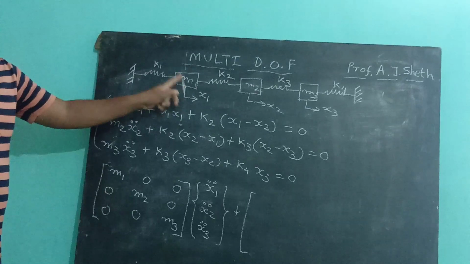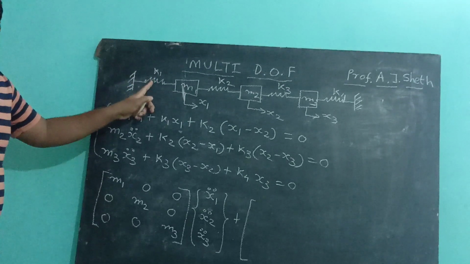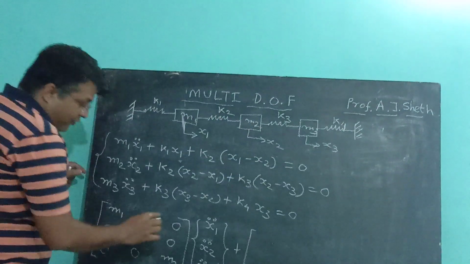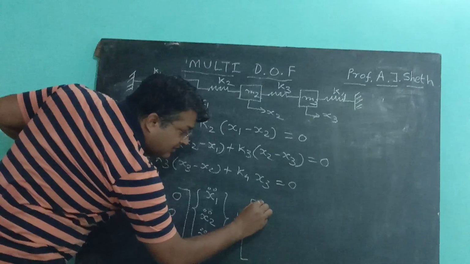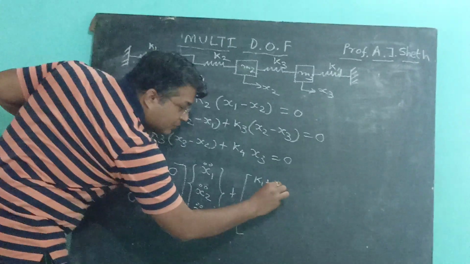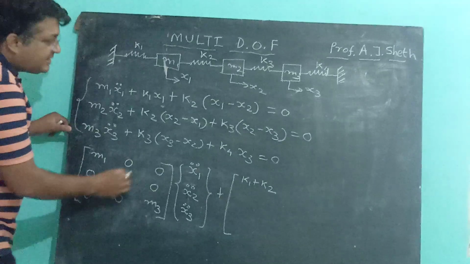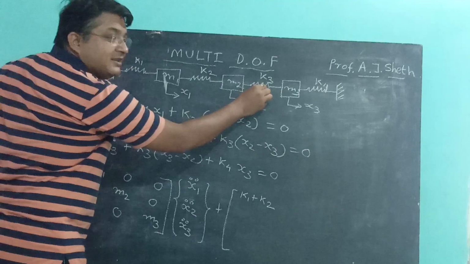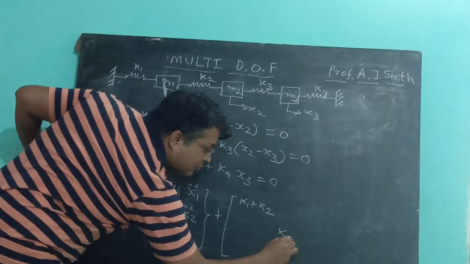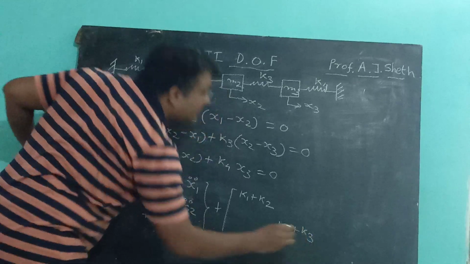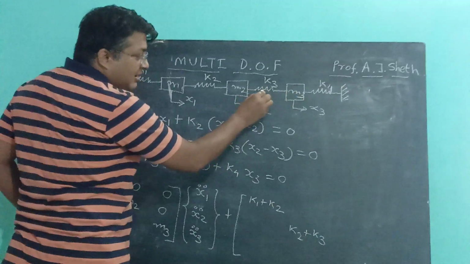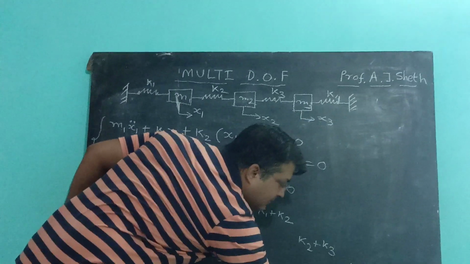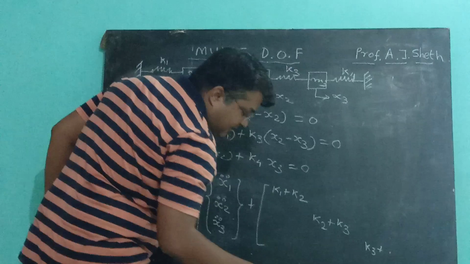Mass m1 is connected to stiffeners K1 as well as K2, so K1 plus K2. Mass m2 is under the influence of stiffeners K2 and K3. Mass m3: K3 plus K4.